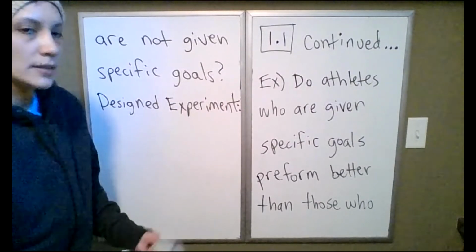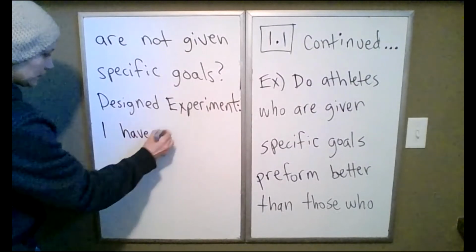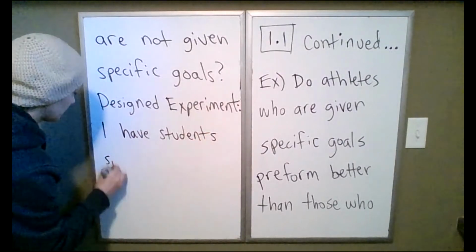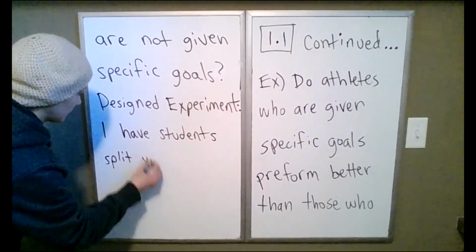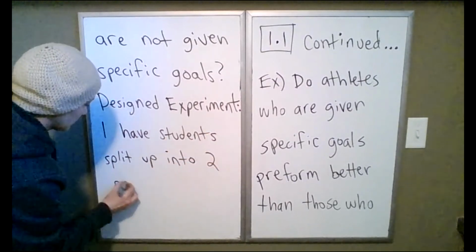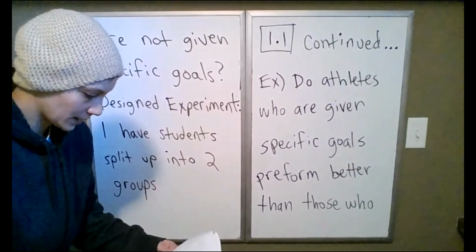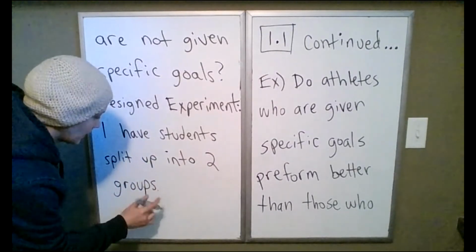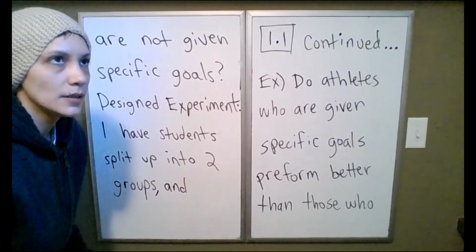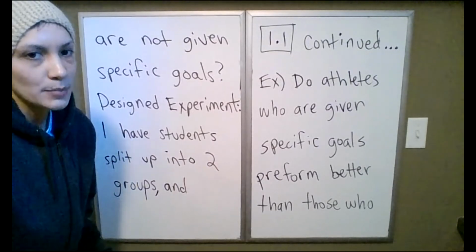One's the control group and one's the treatment group. And everyone is told to do as many sit-ups as possible in 90 seconds at each class meeting.